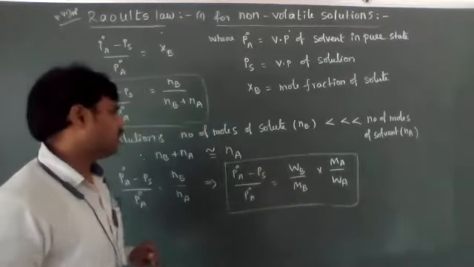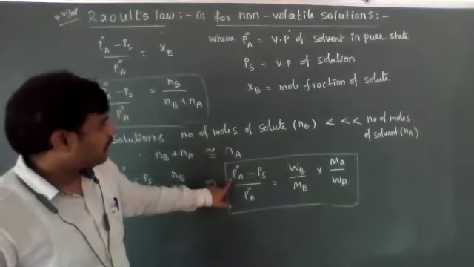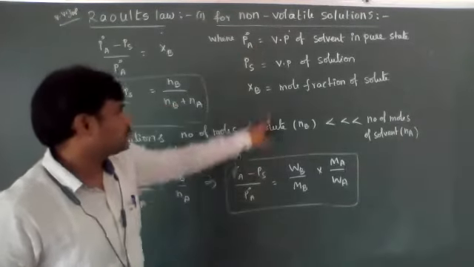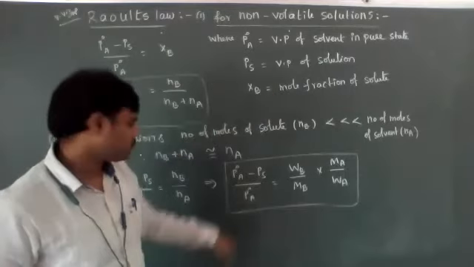This is known as the dilute solutions Raoult's law equation. Already, P naught A is nothing but the vapor pressure of solvent in pure state, and PS is equal to the vapor pressure of solution.